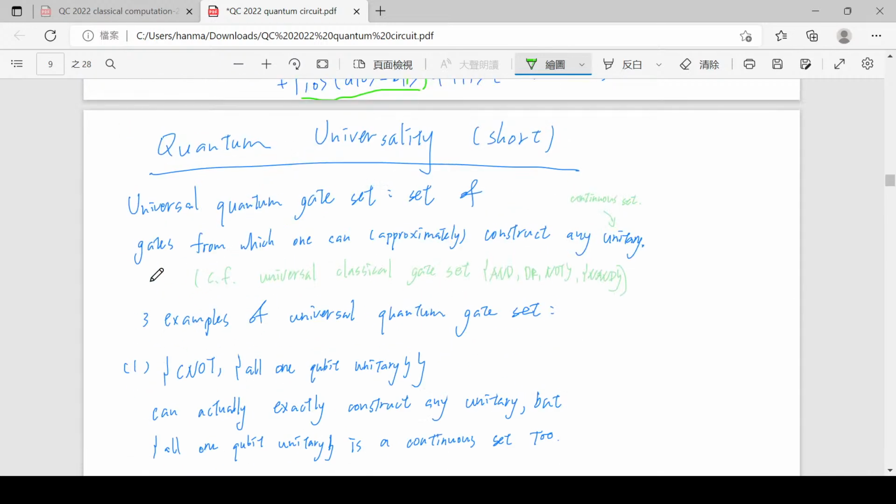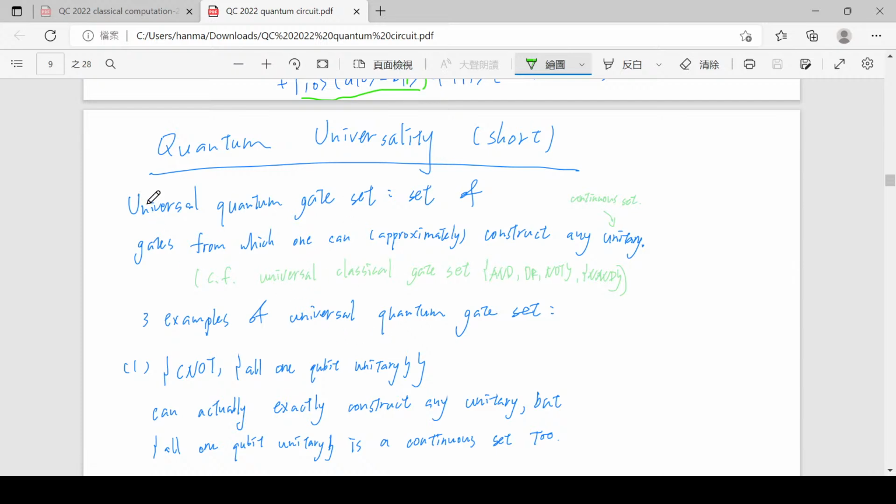Okay, so quantum universality, and this is, well, quite like classical universality. We want to have a small set of quantum gates that let you build any possible quantum computation, right? Like in classical universality, we have like say an AND gate and we want to compute every Boolean function.